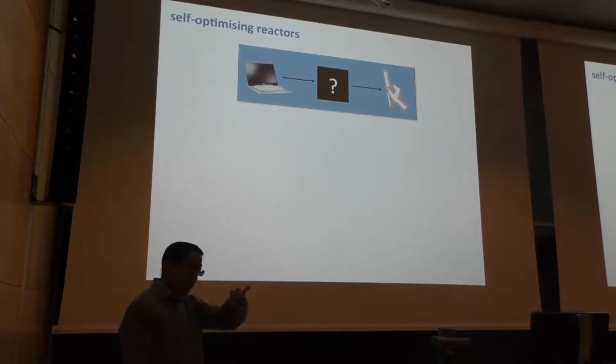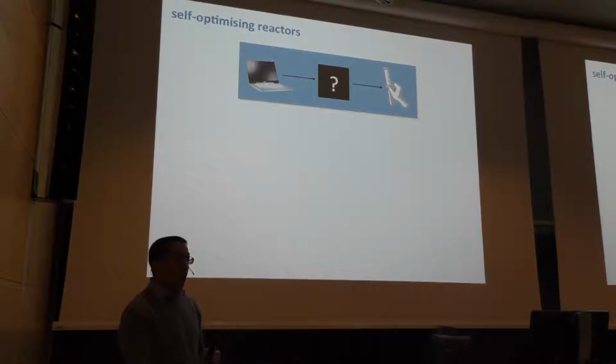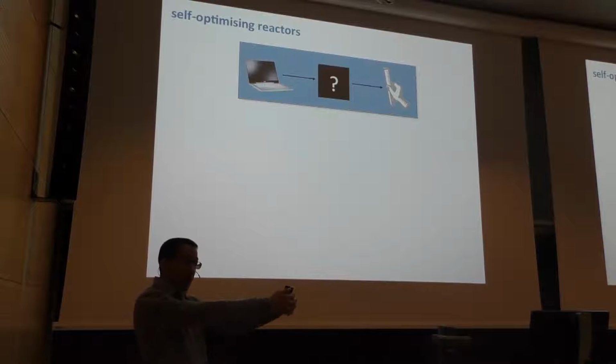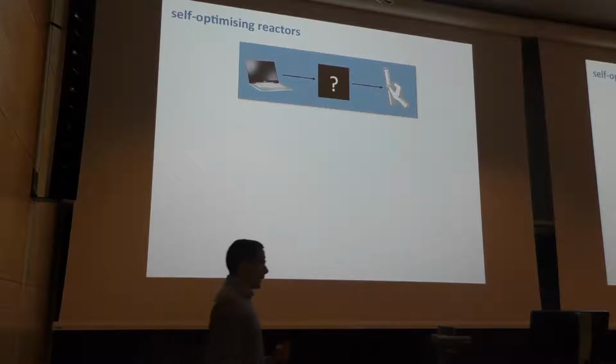So this is kind of inverting the ordinary approach to chemical synthesis, where you step through different reaction conditions until you get something you like. Here our goal is to create a reactor where we specify what we want, and the reactor is left to find the conditions that will yield that outcome.